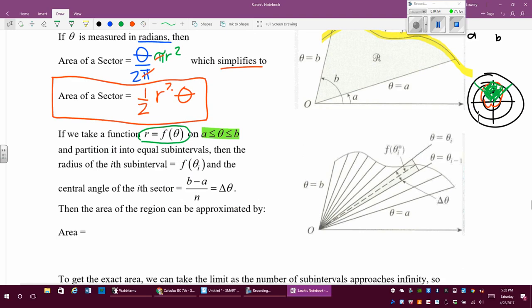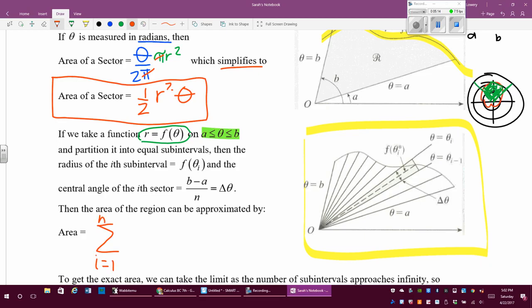Now, there are some more complicated pictures of these infinitely many slices that you can most certainly look at, but I don't want you worried about that, okay? So we could technically say that this area could be approximated by the sum, i equals 1 to n, of 1/2 times, instead of r squared, f of theta squared, because that's a function, times delta theta.